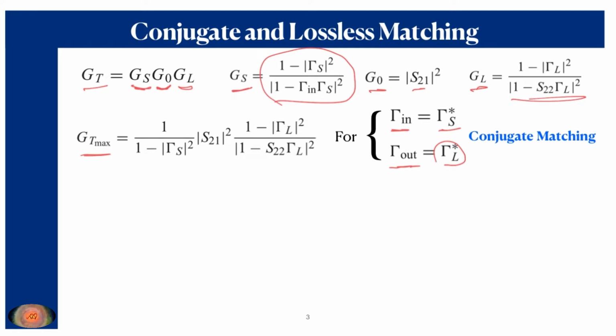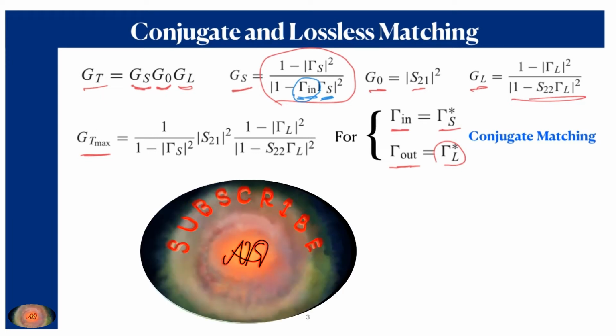Here you can see in the case of the source matching network, where gamma in and gamma s are present, the conjugate matching states that gamma in is equal to the conjugate of gamma s. Then the product of gamma s times the conjugate of gamma s can be represented as mod gamma s square, as shown here.